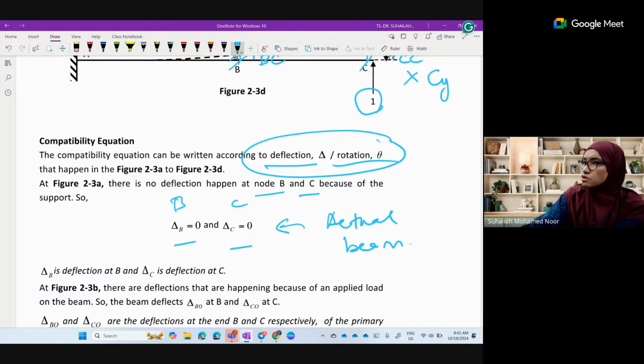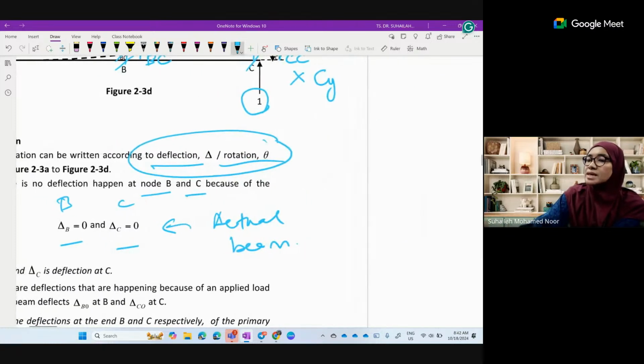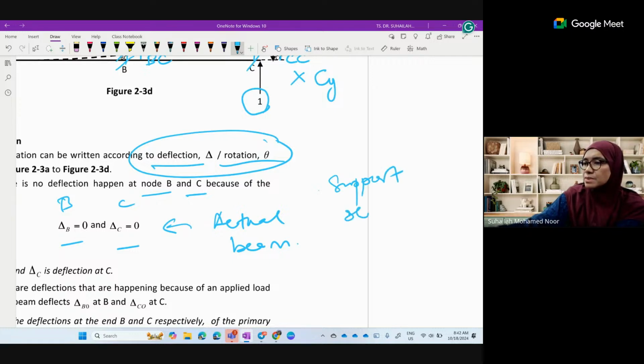Okay, so kosong lah. Boleh tak, ada tak case yang dia tak jadi kosong? Rasa-rasa, ada tak case yang dia bukan kosong? Ada. So delta B dengan C ni akan ada value bila ada support settlement. Okay, mention in the question lah. Then dia tak jadi equal to 0, dia akan equal to settlement.